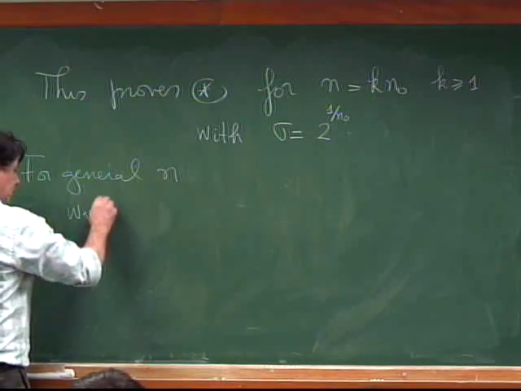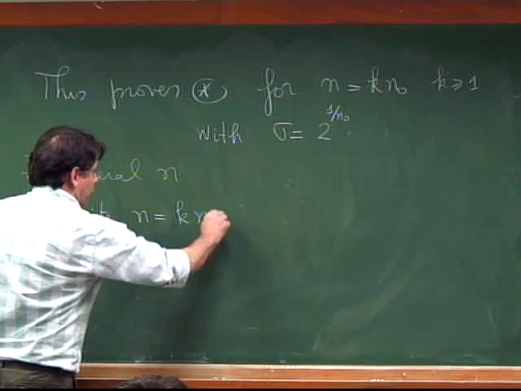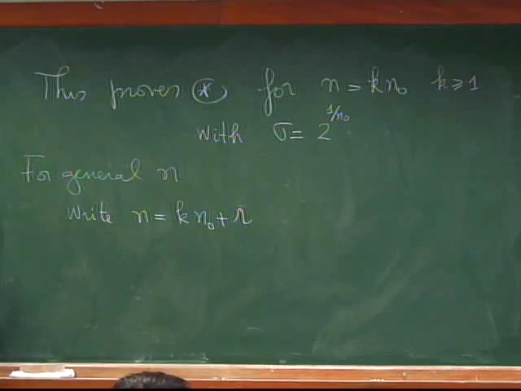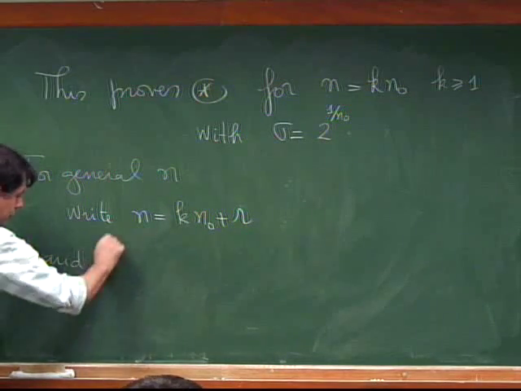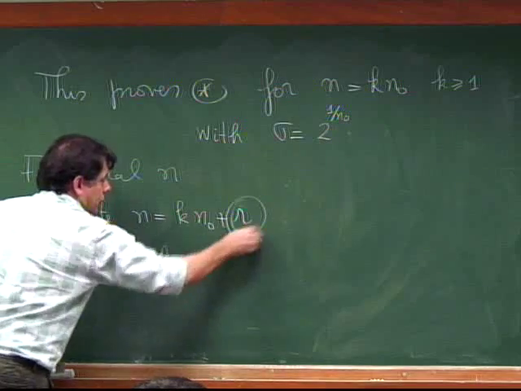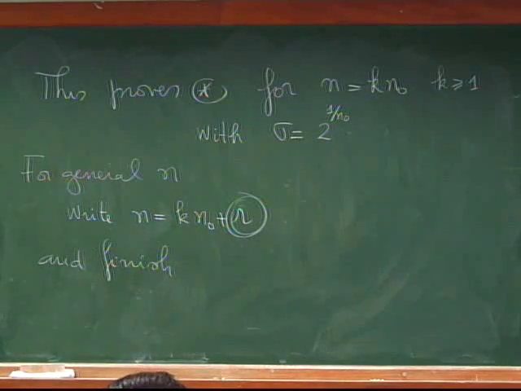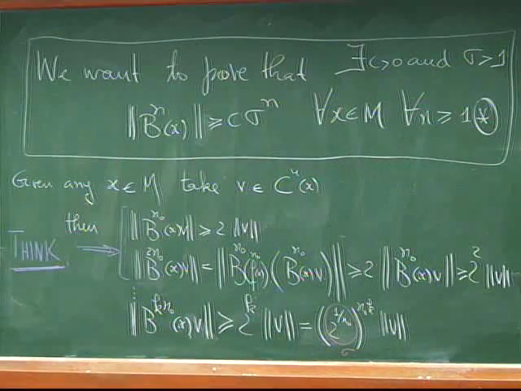Write n as kn0 plus a remainder, and finish the proof. The remainder can take only a finite number of values, and you can absorb that into the constant. That's what the constant is there for. Okay.